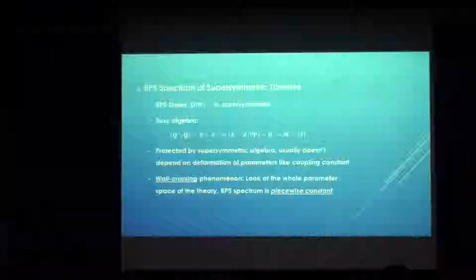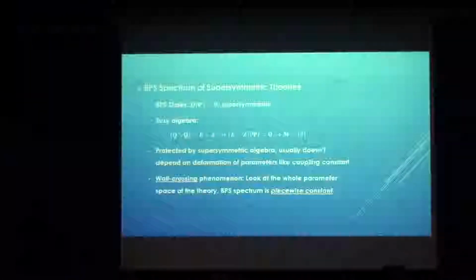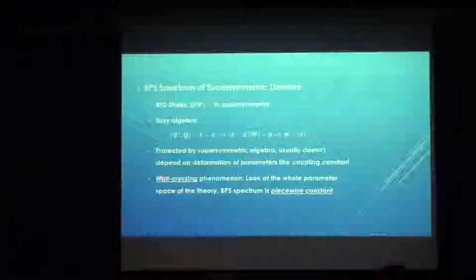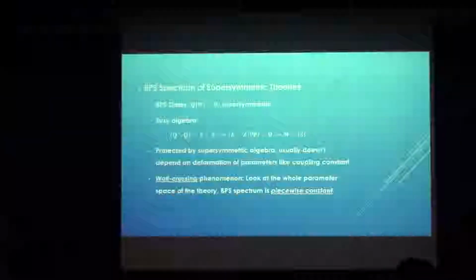However, it cannot change continuously with the parameters, but there is a spectral phenomenon called wall crossing. If you look at the whole parameter space, the BPS spectrum is piecewise constant. I will talk about the wall crossing phenomenon later.